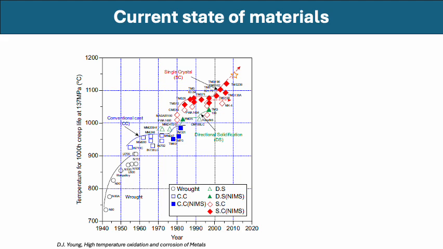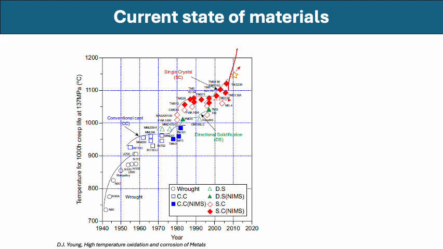Iron based superalloys are mainly for slightly lower temperature applications. Titanium based or chromium based superalloys are trying to achieve much higher temperatures. So if they succeed, there will be a sudden jump in the current state from here to here somewhere.